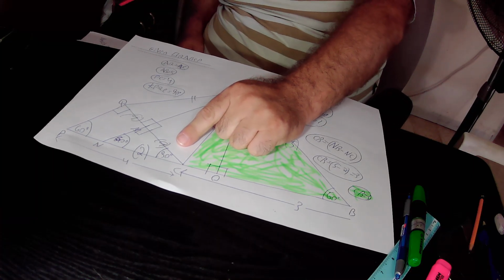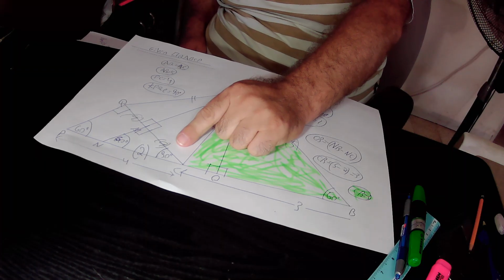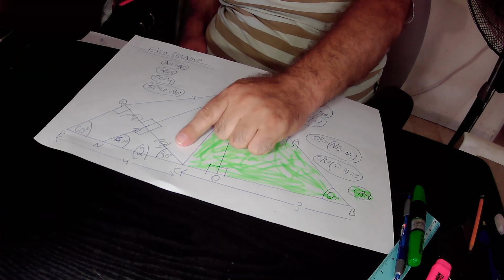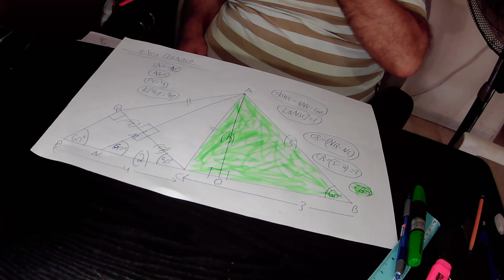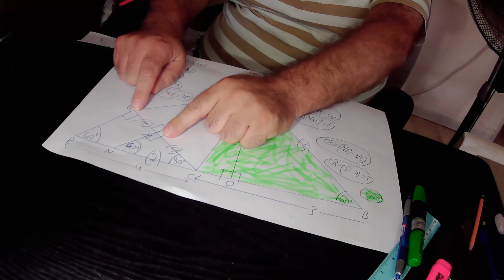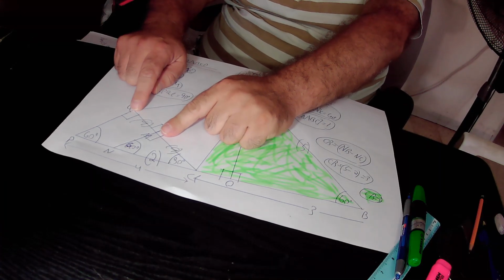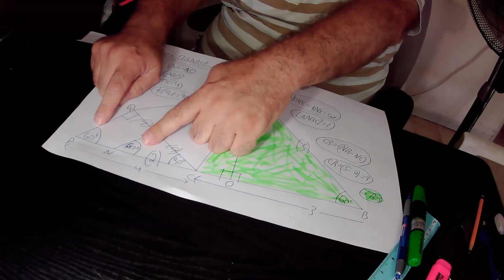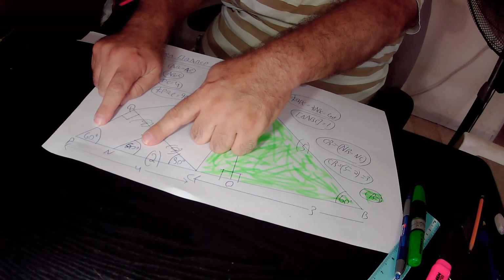So you can write down that angle C equals itself, a common angle that belongs to both triangles. In addition, those two angles are both equal to 90 degrees and therefore equal to each other. And finally, those two angles are both equal to 60 degrees and therefore equal to each other.